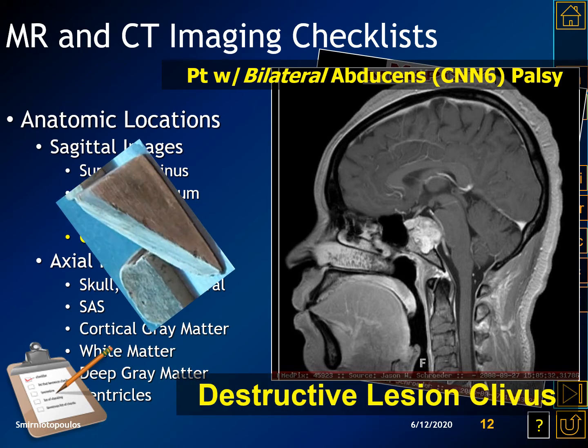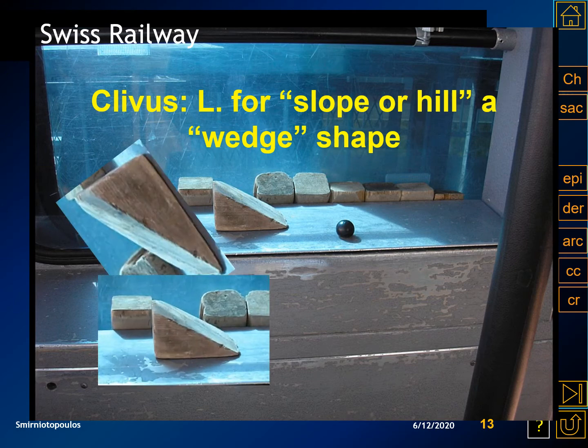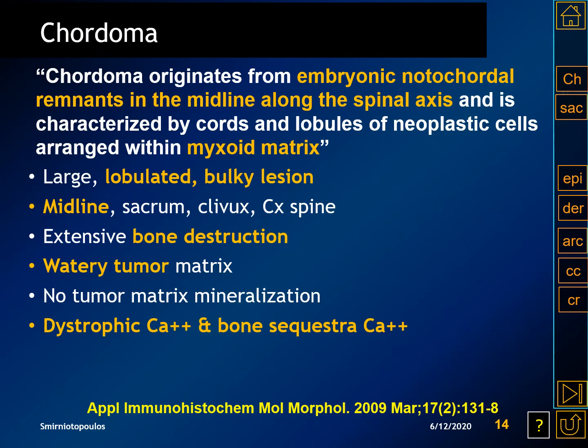The normal clivus is shaped like a wedge or like a doorstop. In fact, the term clivus comes from the Latin word for hill or wedge or slide. Chordomas originate from remnants of the embryologic notochord in the midline.